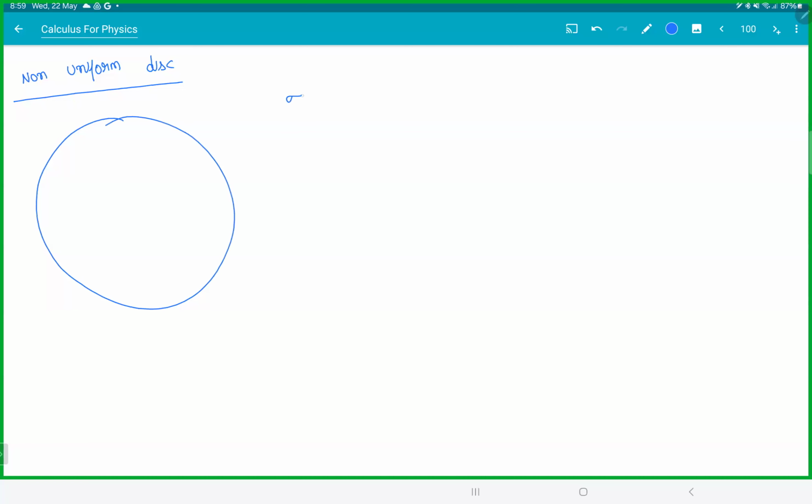we define something called sigma. Sigma is mass per unit area. So we have sigma is equal to some constant, let's say some constant into x.